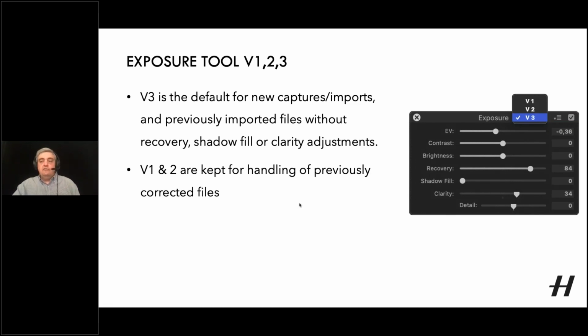So if I've got something from my, I don't know, H5D 50C camera that I've already corrected, adjusted highlight, shadow settings, etc., it will allow me to keep the built-in settings and work with those. Obviously, if I wanted to, once I've got the image in, I can update it to V3 and modify the settings if required. But it's there more to support previously corrected files.